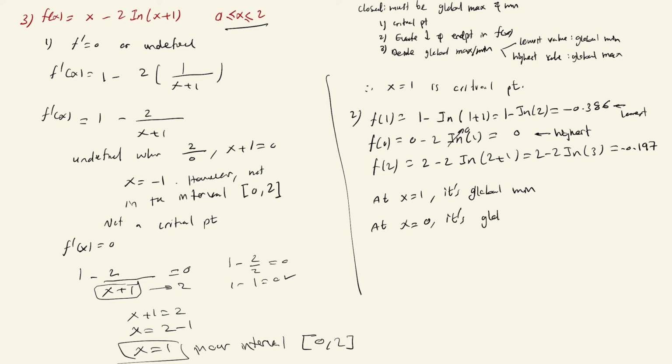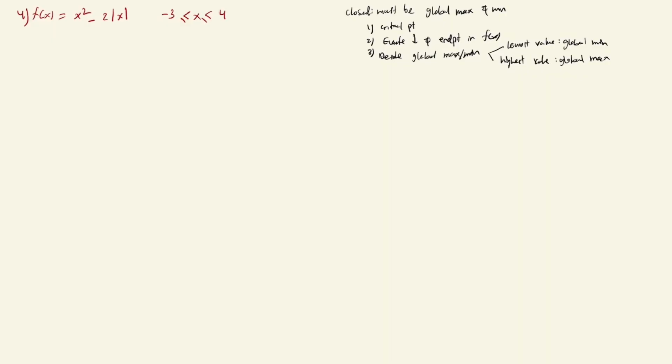Now for part 4, we have this function x squared minus 2 times the absolute value of x, and we are given the interval minus 3 to 4. So note here, the critical point is where the first derivative is 0 or undefined. But here, note this function has the absolute value of x. So if we graph it, it's going to look like a V shape.